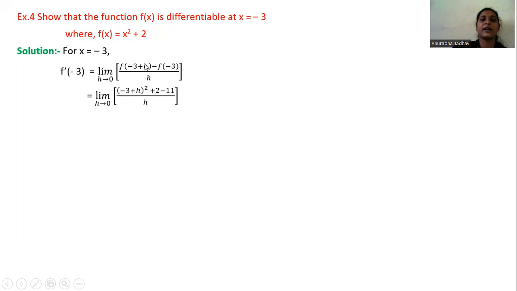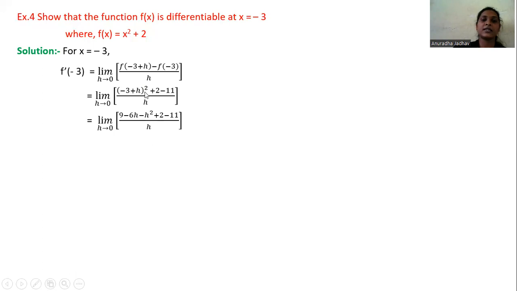Here find the value of the function f of -3 plus h. Simply x is replaced by -3 plus h, therefore -3 plus h bracket square plus 2 as it is. The value of f of -3 is 11 because -3 square is 9 and 9 plus 2 is 11. Therefore here write down 11 divided by h.